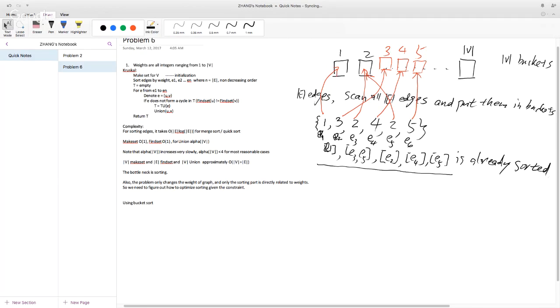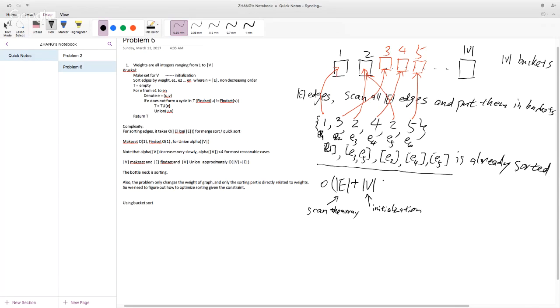And what is the time complexity of bucket sort? It is linear. Initializing the buckets is linear, and scanning the array is linear.